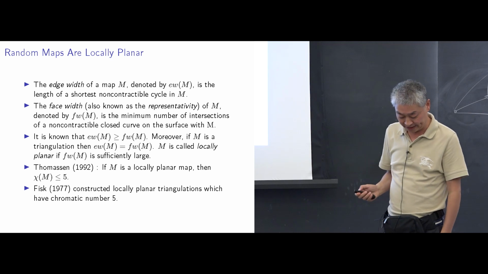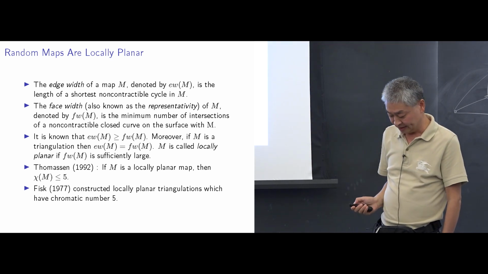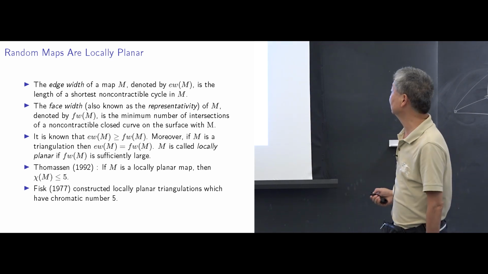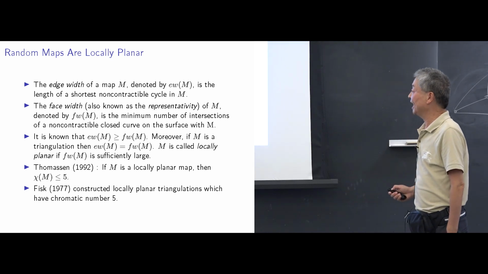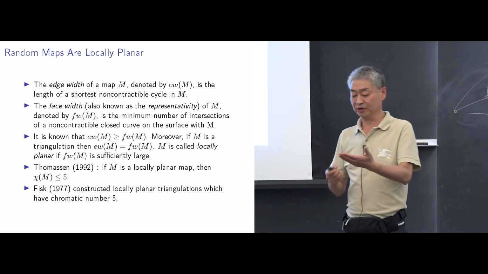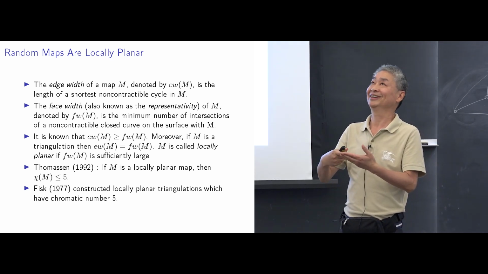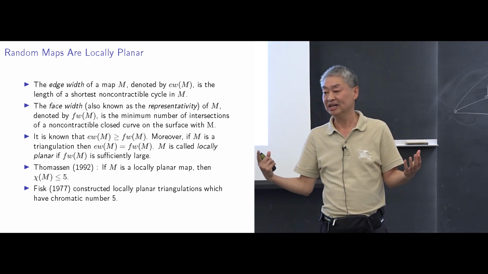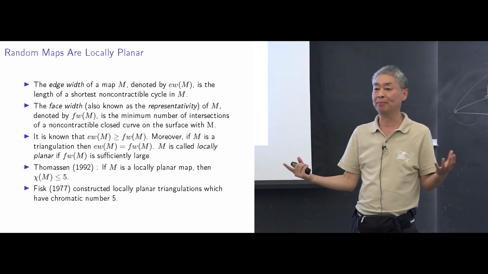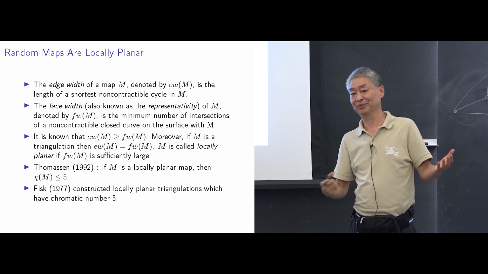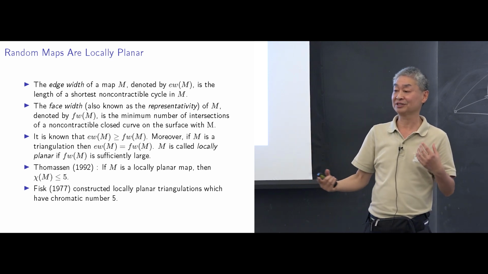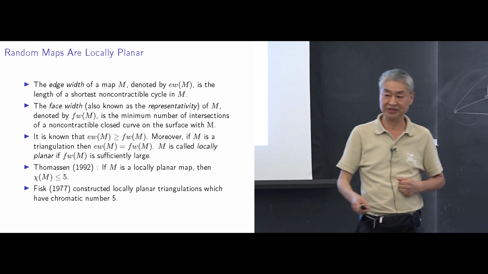Now, again, in the early 90s, Robertson and his student Vitray had a paper showing that if an embedding is locally planar, then it shares many properties with planar maps, okay? For example, the embedding is unique on the surface, and a bunch of other properties.